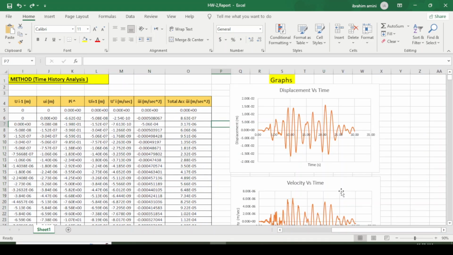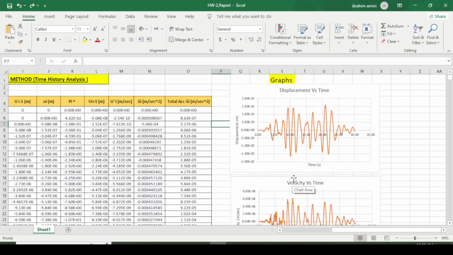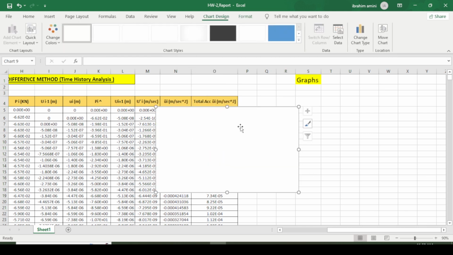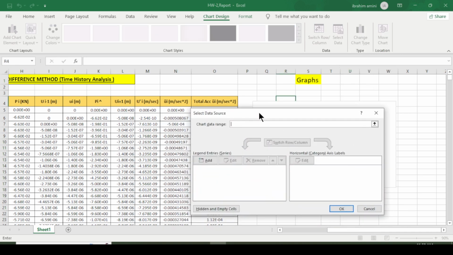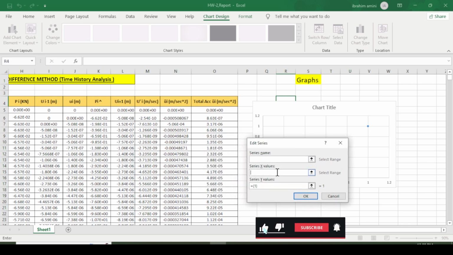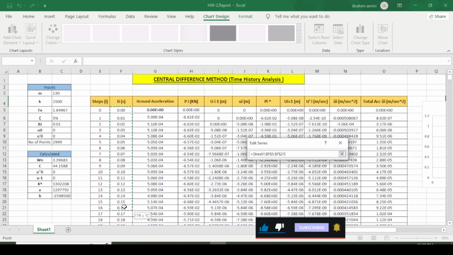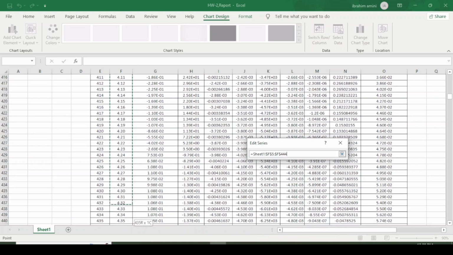Now I will explain some information about the displacement versus time graph, velocity versus time, and total accelerations versus time. We will need this information graphically also. I will select insert, then go to scatter and select this one. Then I select data and add. The series name stays as it is, but the x axis will be the time difference. I will select all this time difference information manually.